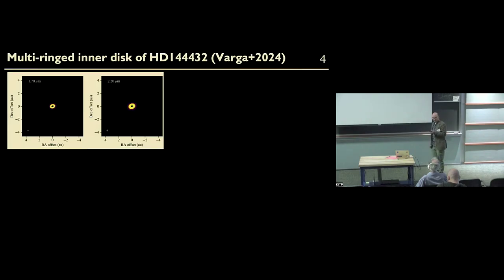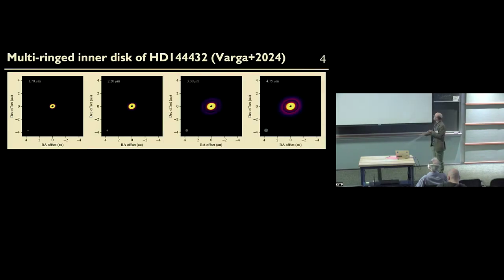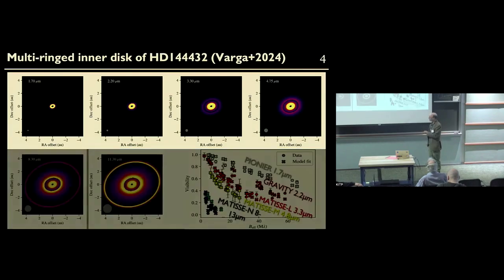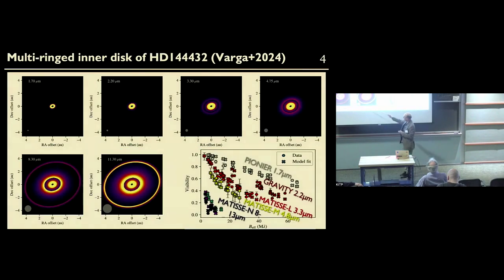Now, what do we see in the mid-infrared at 3 and 4 microns? This is fitted to the MATISSE data. What is seen here is that we need a second ring in order to fit the data. And if we go to even longer wavelengths, then we have to realize that even a third ring is needed. That's evidence that this disk has substructures in the inner few AU.